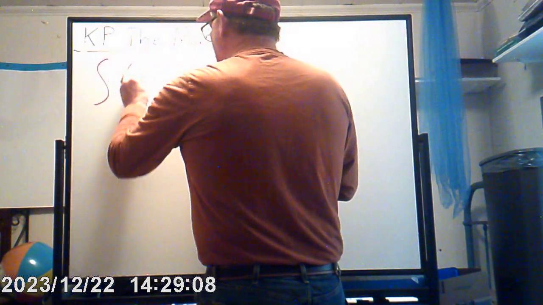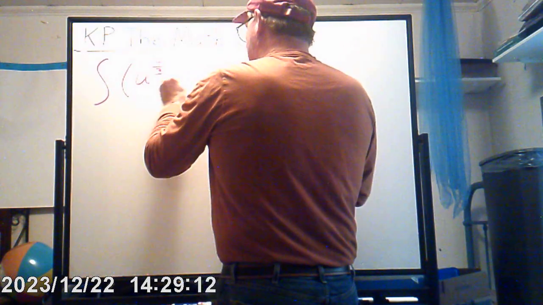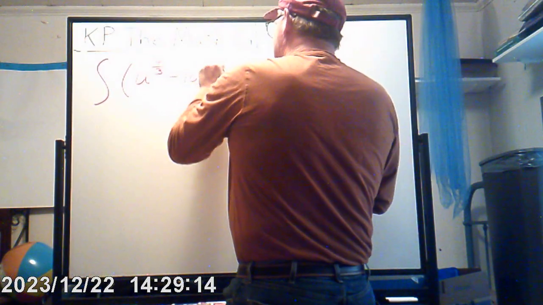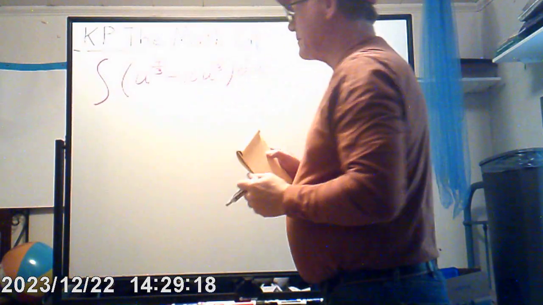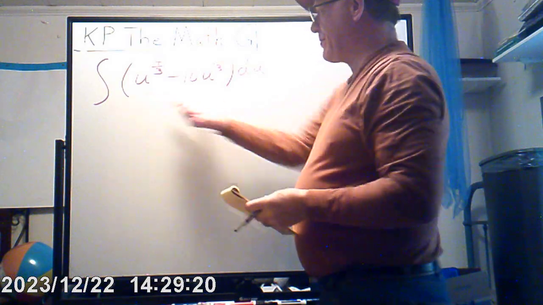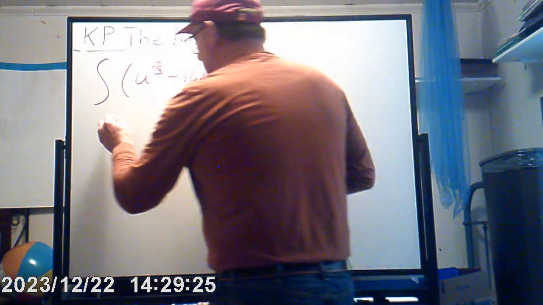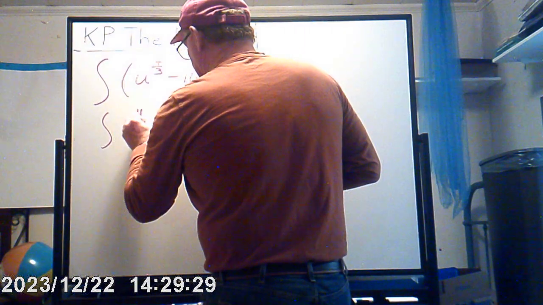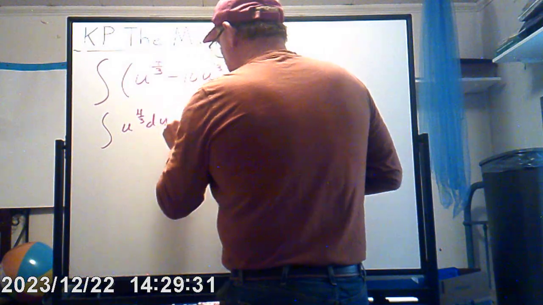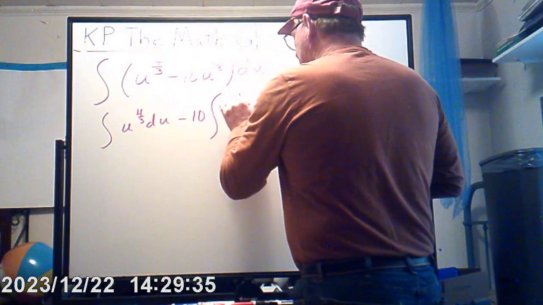We were at u to the 4/3 minus 10 u to the 1/3 du. If you want to divide this up, you certainly may. Some people do that. u to the 4/3 du minus 10 u to the 1/3 du.